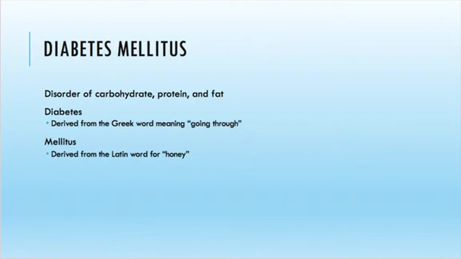Whereas type 2 diabetes starts off as a lack of response to insulin, but as it progresses, you start to see some destruction of the pancreas, and you start to see decreased insulin production. Insulin actually wasn't discovered until 1922, so anytime before that, diabetes was actually a fatal disease. For those of you who like word breakdowns, it is derived from the Greek meaning going through, and then mellitus is derived from the Latin word for honey.